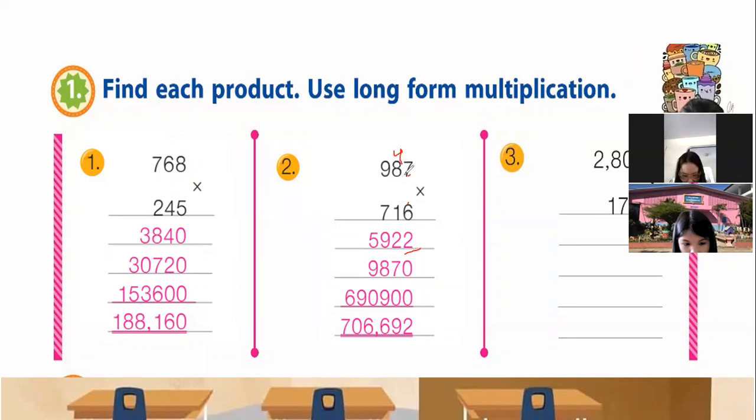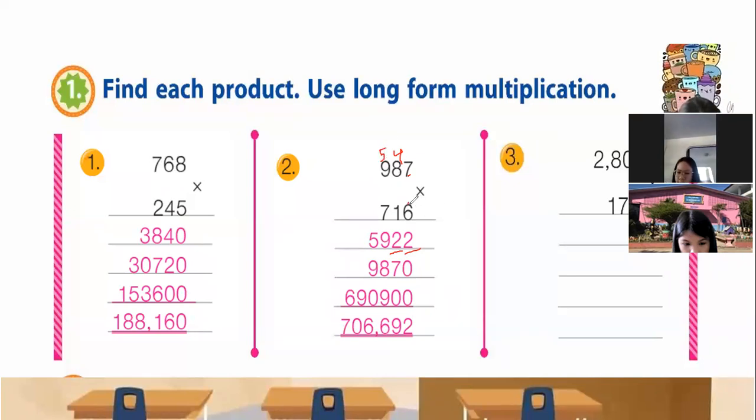Now again, 6 multiplied by 8, 10 place. So 6 multiplied by 8 becomes how much? It becomes 48. And we have 4. 48 plus 4 is equal to 52. So we're going to write 2 at the 10 place and 5 will be carried over at the 100 place.